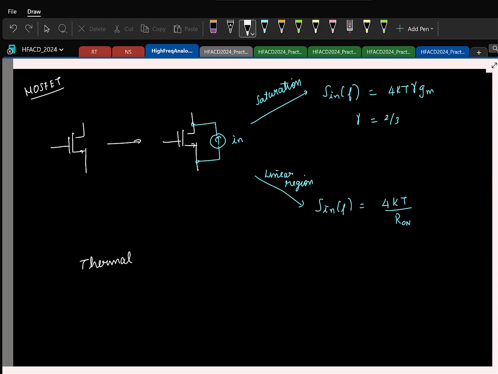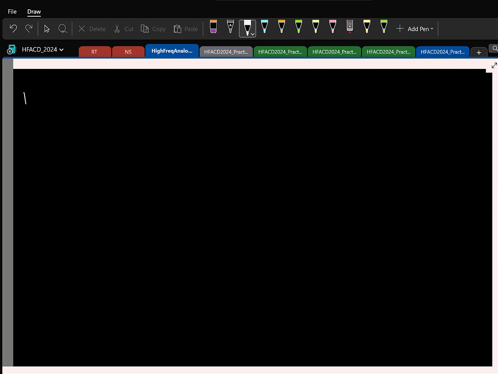Now similarly, it turns out in a MOSFET there is another mechanism of noise generation, called flicker noise. Again, I will not go into the mechanism. Flicker noise is not a fundamental phenomenon. It happens because of some imperfections in the fabrication process, right?